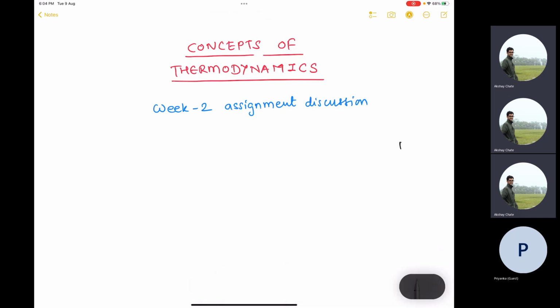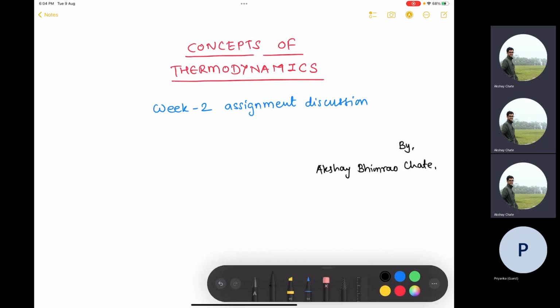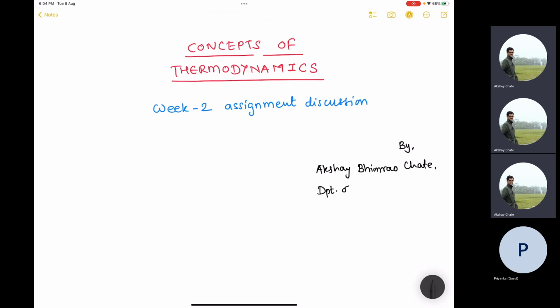Let me write a brief introduction here. I'll share this notes with you later. So let me put my name here also. As some of you may know from the previous class, myself Akshay. I am currently pursuing my PhD from the Department of Mechanical Engineering, IISc Bangalore.